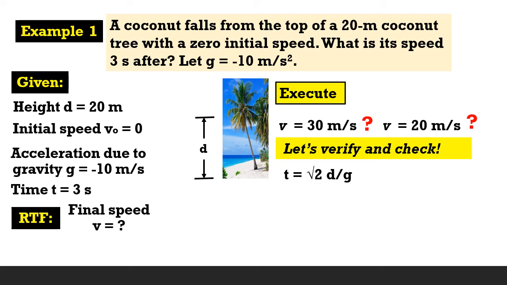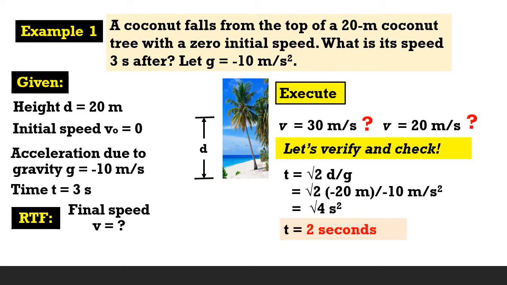Alright, so substituting for the values, we get square root of 2 multiplied by negative 20 meters, divided by negative 10 meters per second squared, and we get square root of 4 seconds squared, and t equals 2 seconds as the answer.